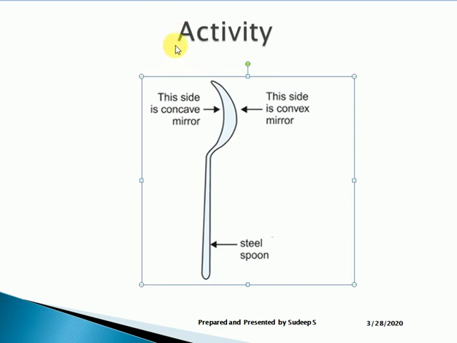Now, in this activities section, we will only require a medium size shiny steel spoon. So what I want from all of you is to participate in this activity. Here, the surface of the spoon curved inwards can be approximated to be a concave mirror, while the surface that is bulged outwards can be approximated to be a convex mirror.